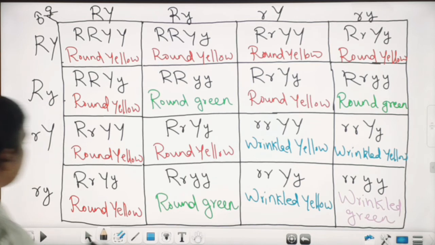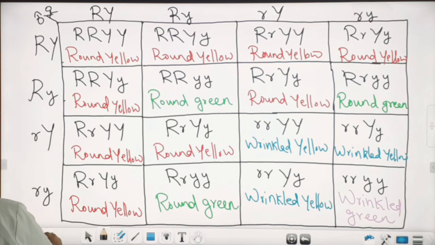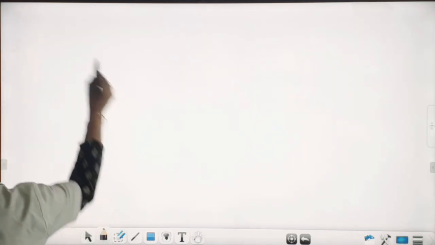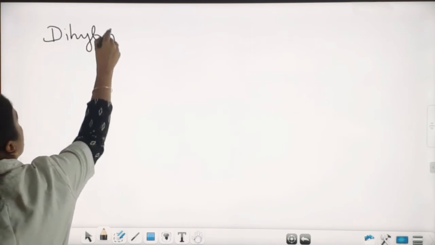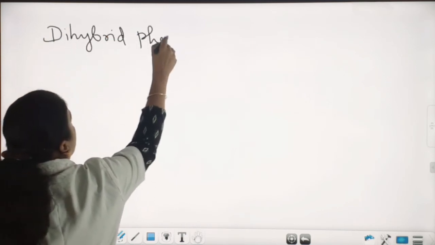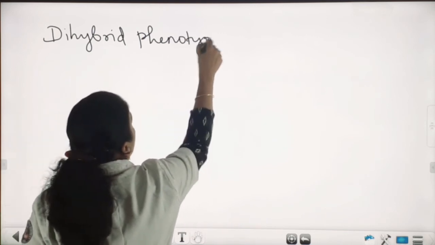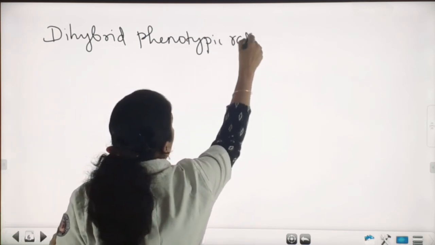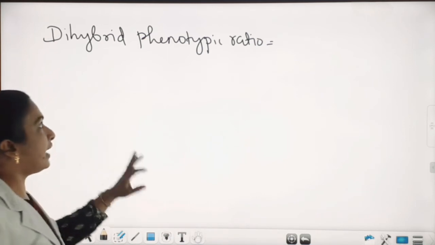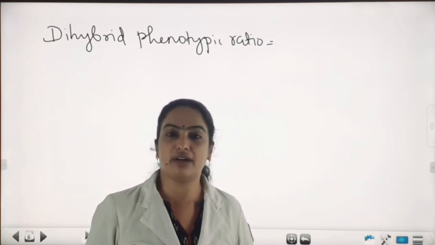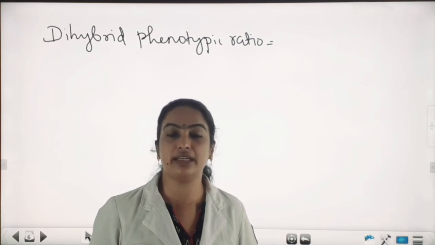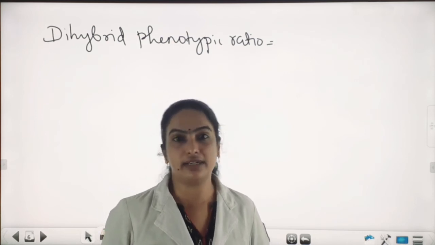Let's see what is the phenotypic ratio and genotypic ratio. Dihybrid phenotypic ratio: for that you have to find out the expressed character. How many round yellow, how many round green, how many wrinkled yellow and how many wrinkled green.